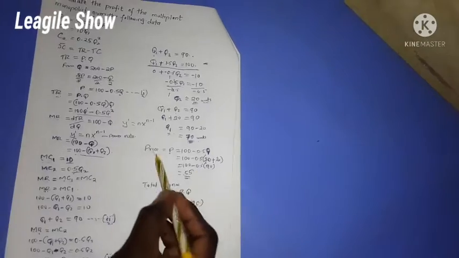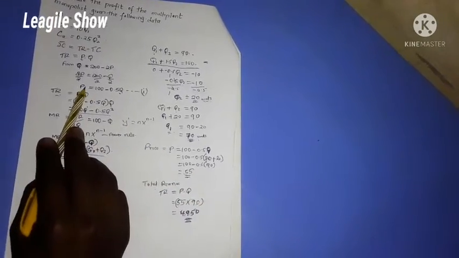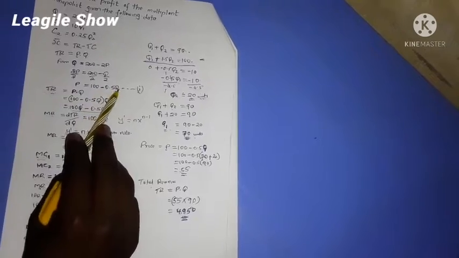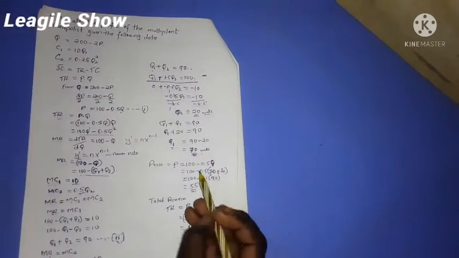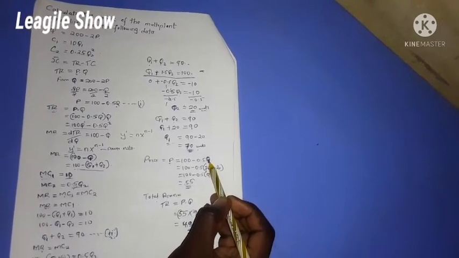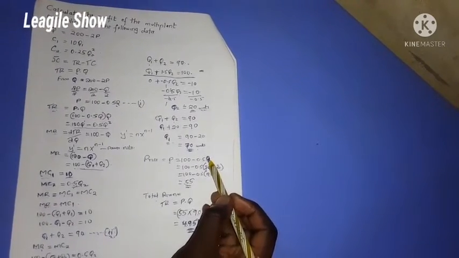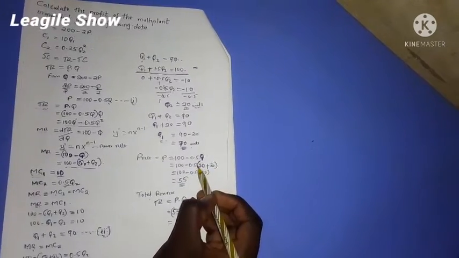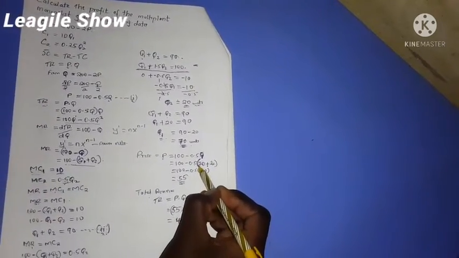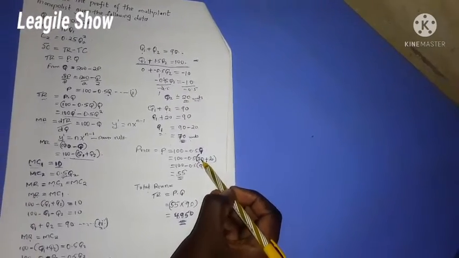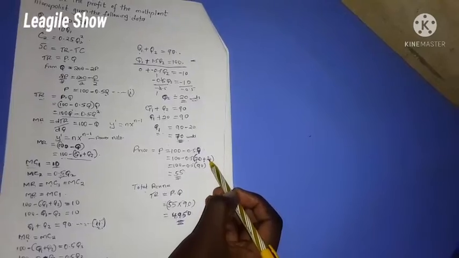Remember from equation 1 here, the price function we calculated to be 100 minus 0.5 Q. But we now know the Q. Remember, this Q represents the quantity for the two firms. Now, 100 minus 0.5 times, remember our quantity for the first firm was 70, and quantity for the second firm was 20.